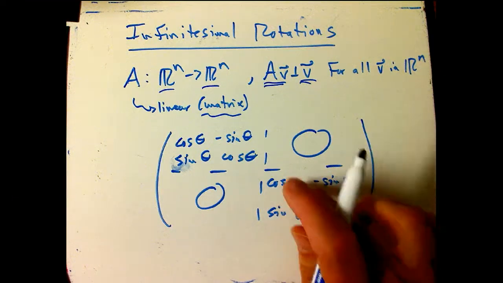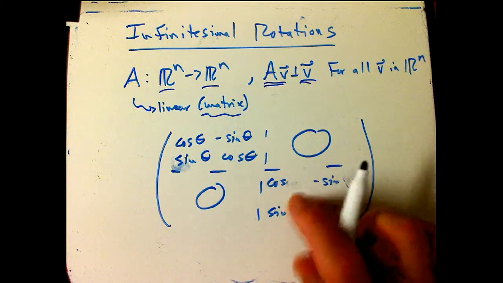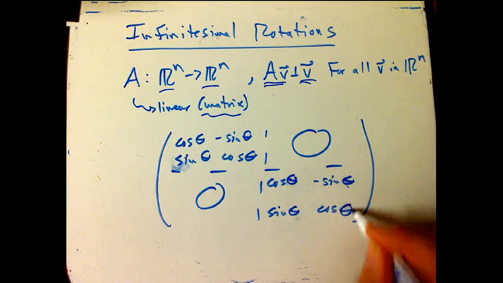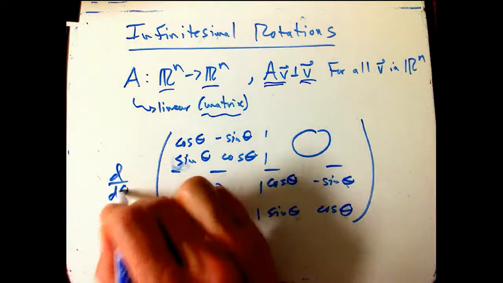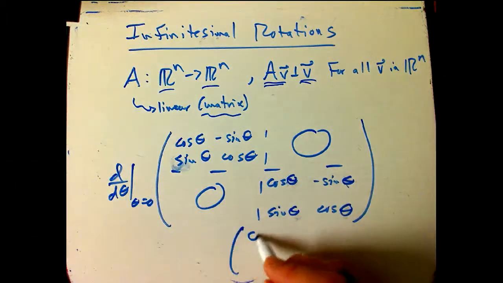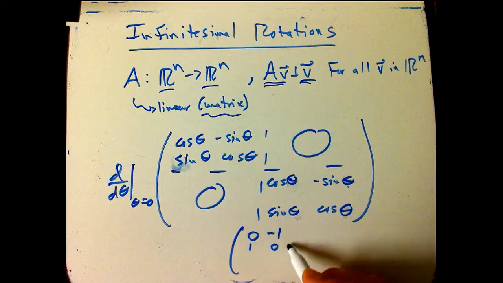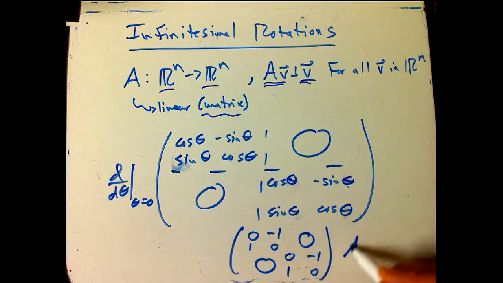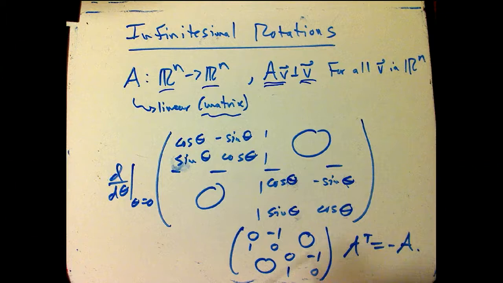Oh, let's actually have them be the same because I don't want multivariables here. Let's just say it's rotating the same amount, and just to have an example. And if I look at that, and I take the derivative at theta equals 0, I'm going to get again an anti-symmetric matrix, something whose transpose is equal to the negative. Remember, the transpose just flips across the main diagonal. That's interesting. Okay, so let's see if we can show that that's a general thing.